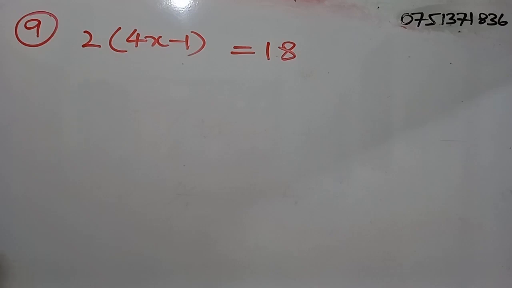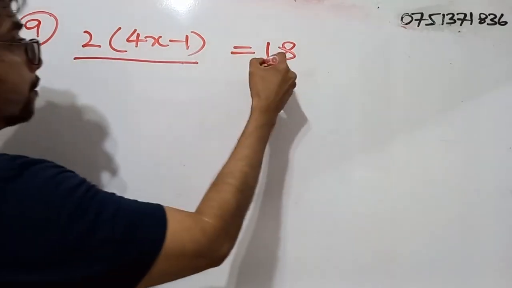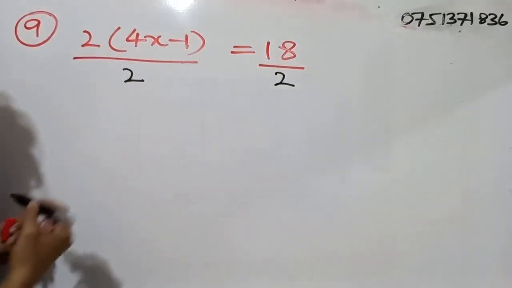Okay, question number 9. So what do we have to do? We have to find the value of x. Okay, so the first thing I will do is what? I will divide both sides by 2, right? Now what happens?